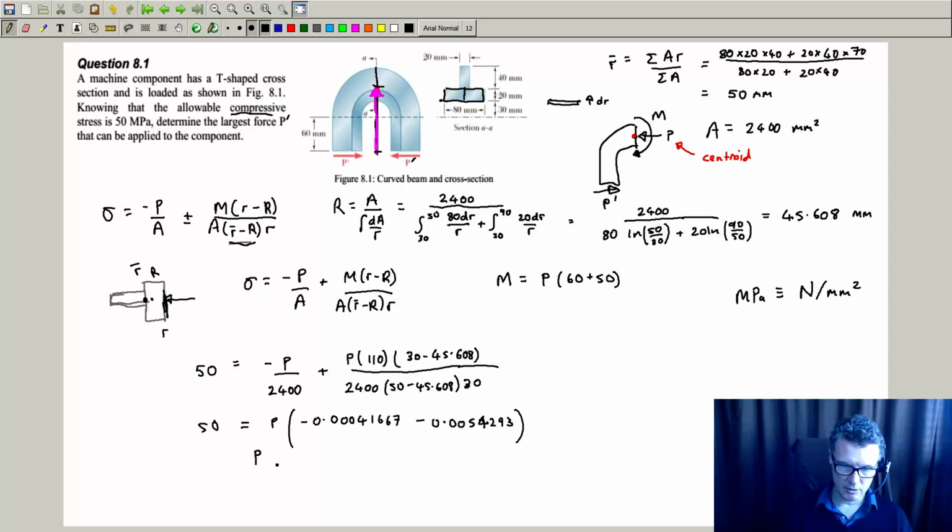So that leaves me with P is 50 divided by minus 5.8459, breaking my rule about sig fig. That should be 60, times 10 to the minus 3.